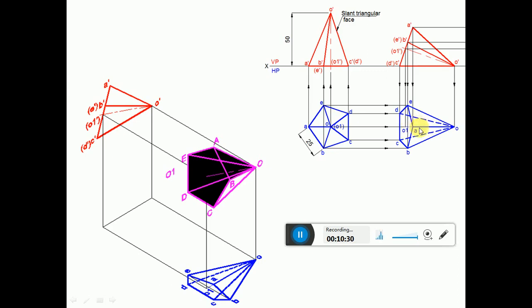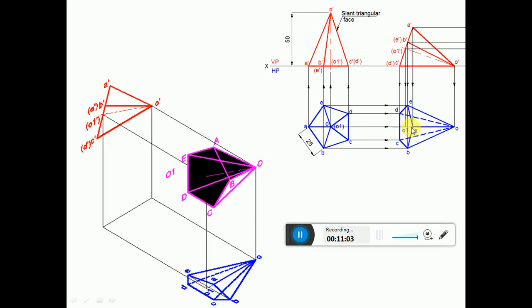Then we are left with OD and OC. When you draw a line between O and C, since AB is the visible edge, OC has to be invisible. Similarly, since AE is visible, OD is going to become invisible because two visible edges can never cross each other. Then we are left with O1. Since the pentagonal surface ABCDE is visible, and O1 is on that surface, O1 will automatically become visible.